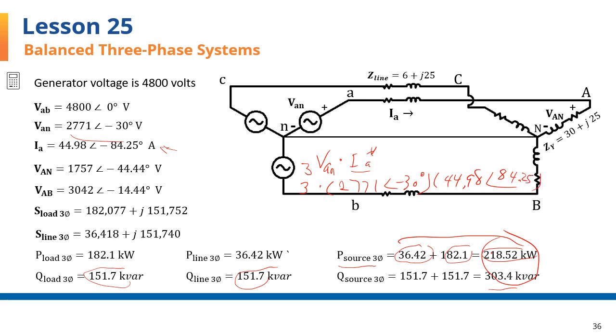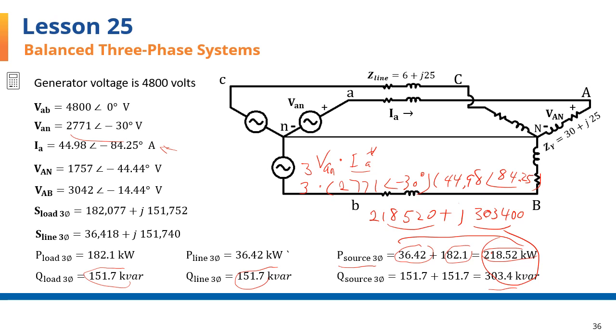I'm not going to carry this out, but if you want to, you can do the multiplication and you should get something very close to 218,520 plus j 303,400, within the rounding error limits, of course.